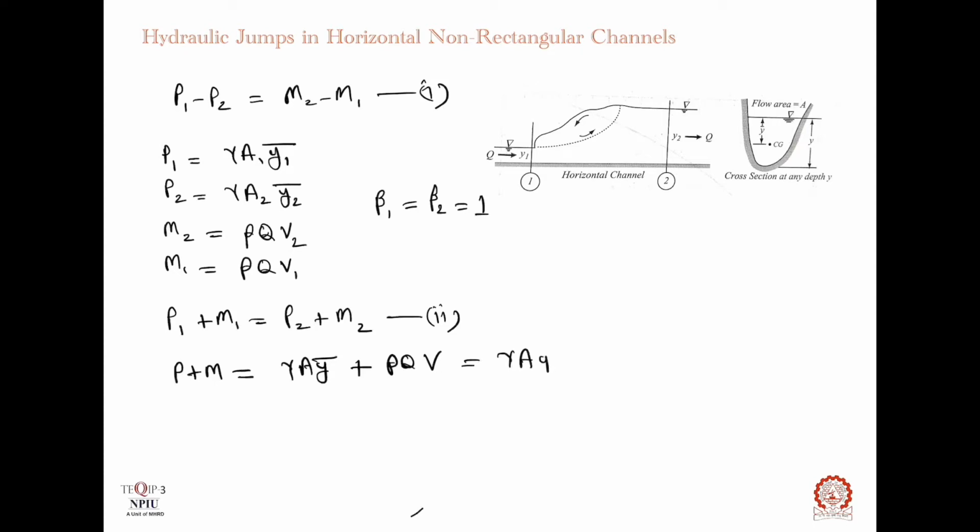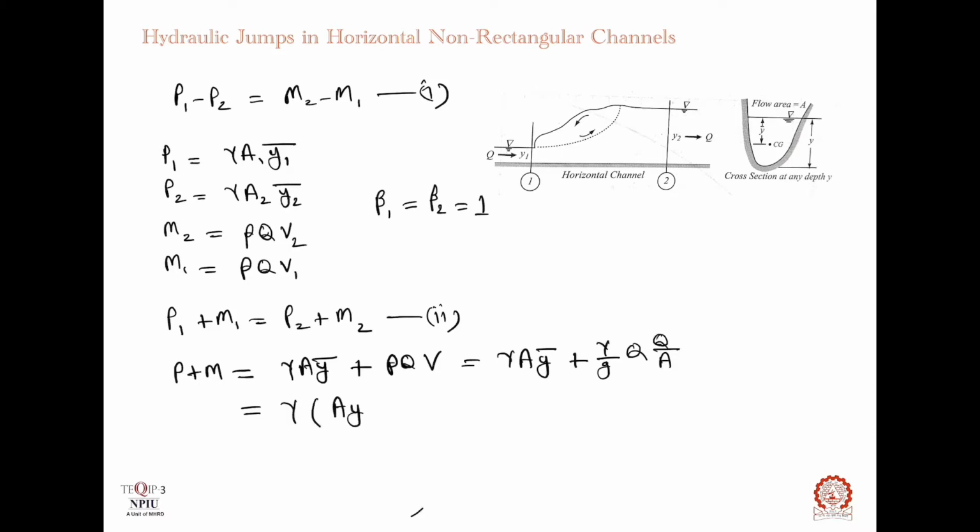Or we can write gamma A Y prime plus rho, the mass density, that is nothing but gamma upon g, times Q V, where we can replace V by Q divided by A. Now let's take gamma common from both the terms.